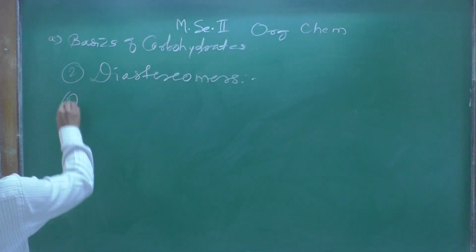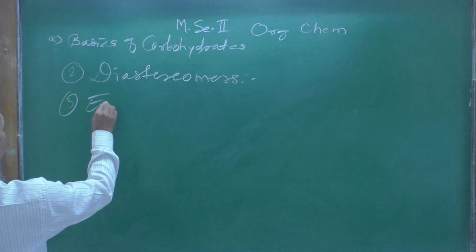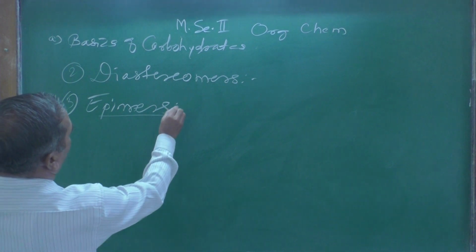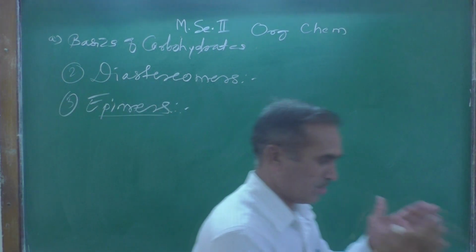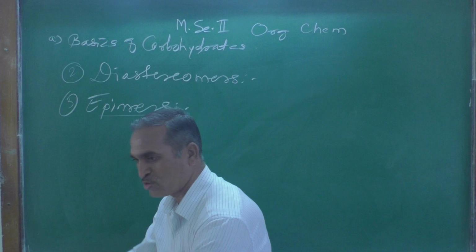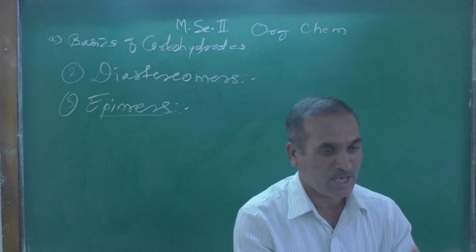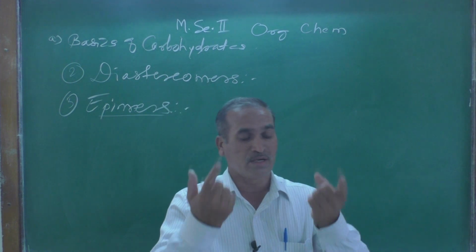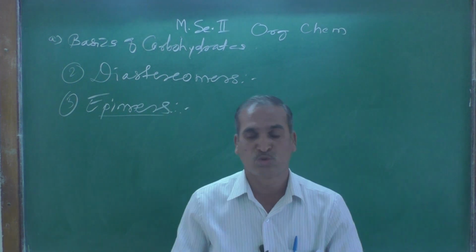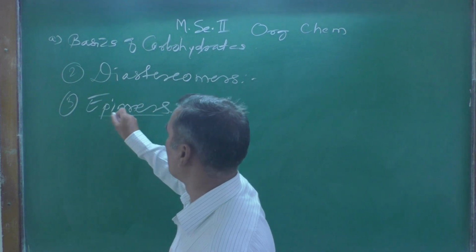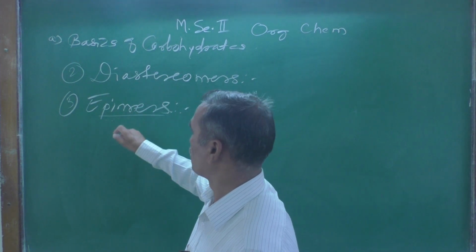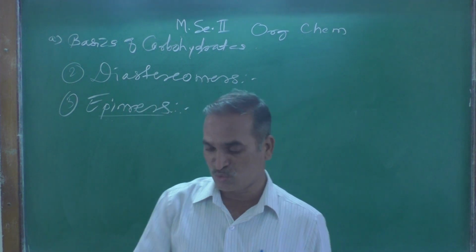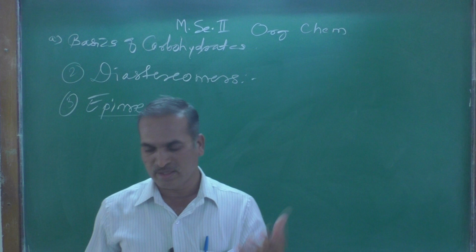So the third term we are going to learn here is epimers. What do you mean by epimers? We know diastereomers, which we just saw, and now the epimers. With the help of some suitable example, I am going to explain what the word epimers means.